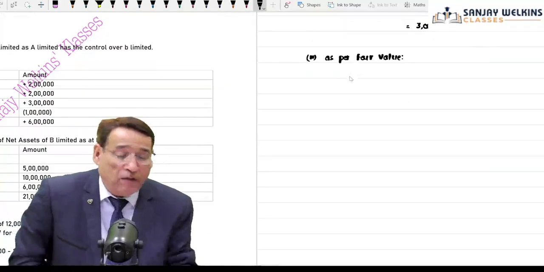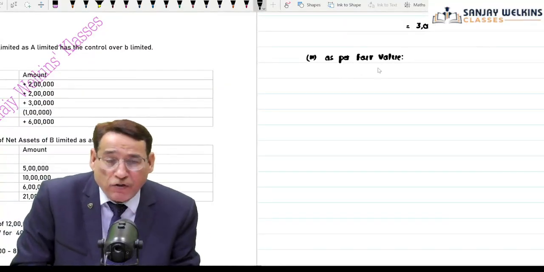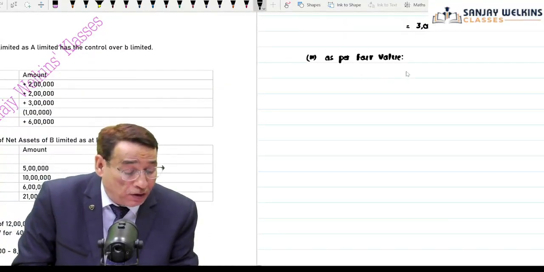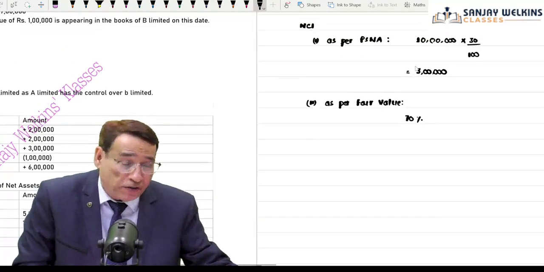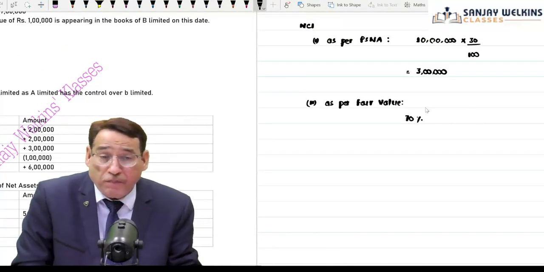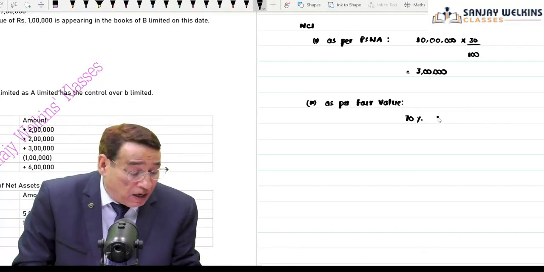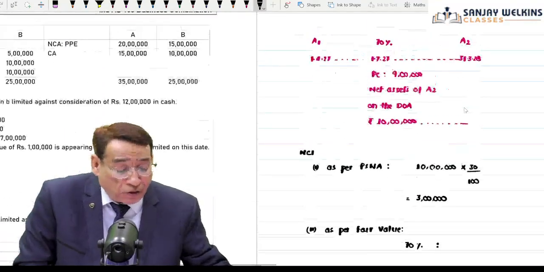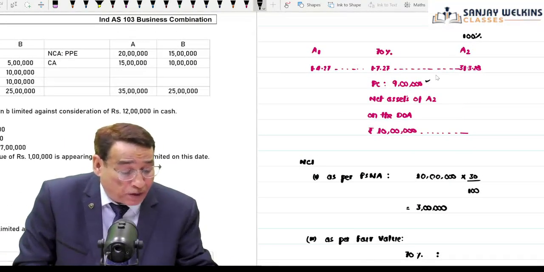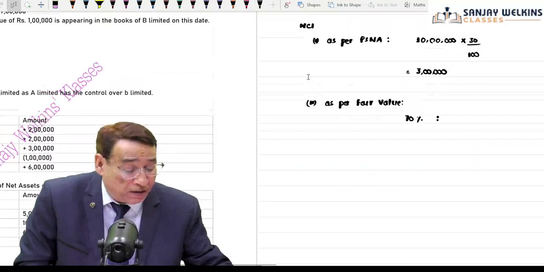See here, whenever you are asked to compute NCI on fair value basis, first of all, you think in this manner: what is the share of the acquirer entity? The acquirer entity is having a share of 70% in the acquiring entity. And in order to acquire 70% shares, it is given in the question that you have made a payment of 9 lakh, correct?